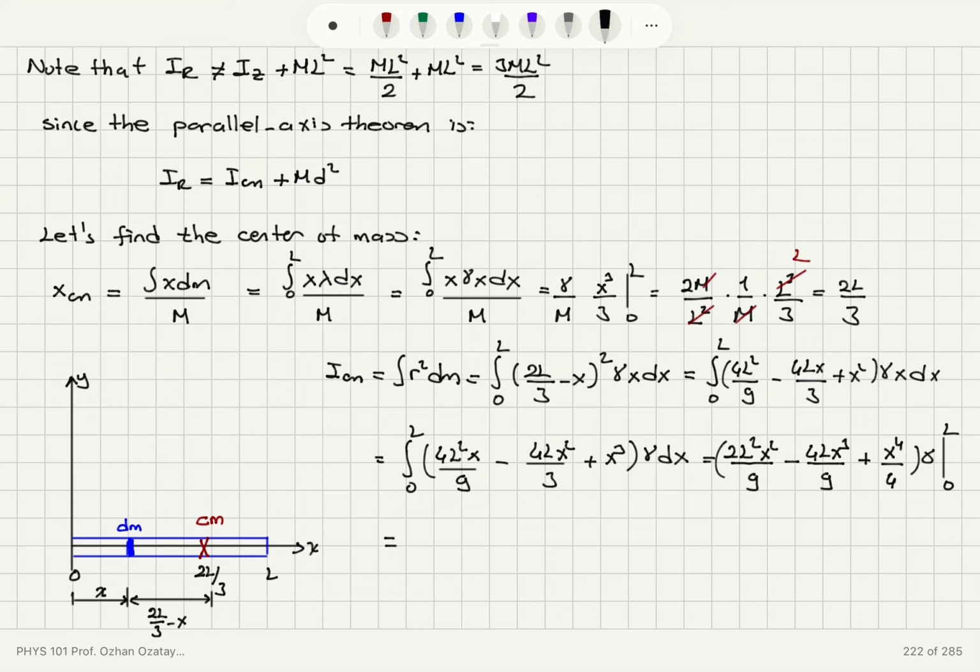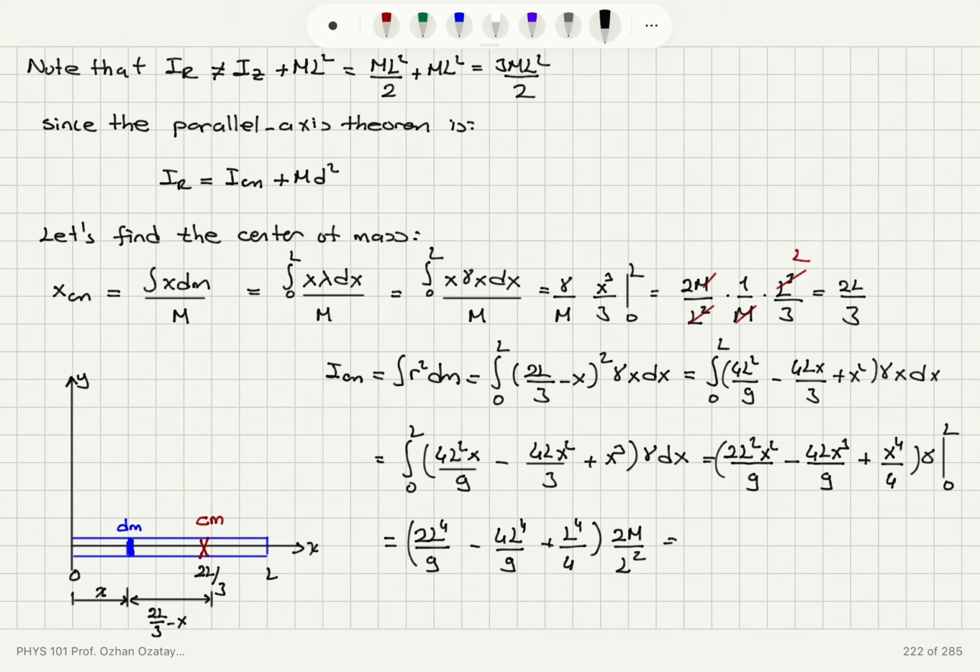So this will give me 2L to the 4 divided by 9 minus 4L to the 4 divided by 9 plus L to the 4 divided by 4, multiplied with gamma, which is 2m divided by L squared. So the common denominator is 36. To obtain 36, I multiply this by 4.